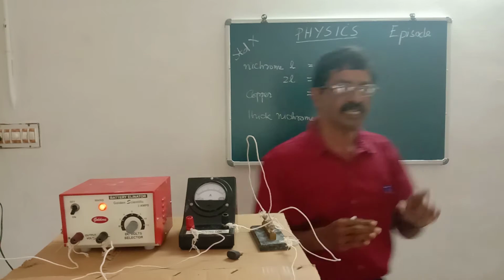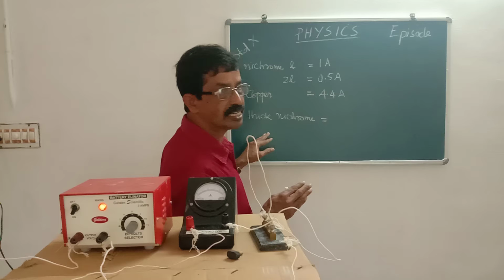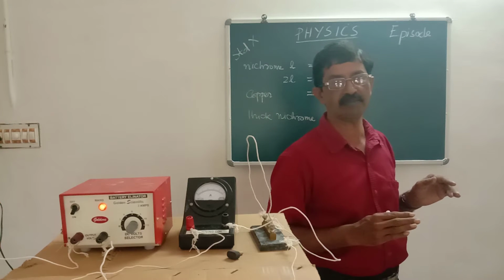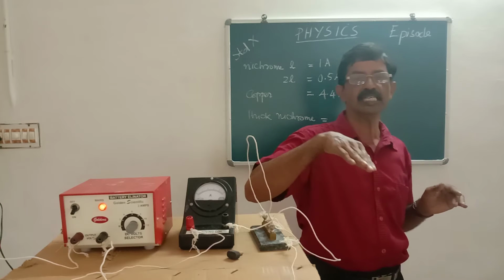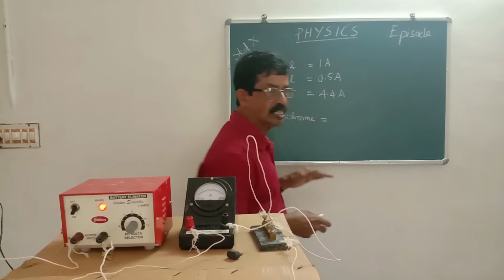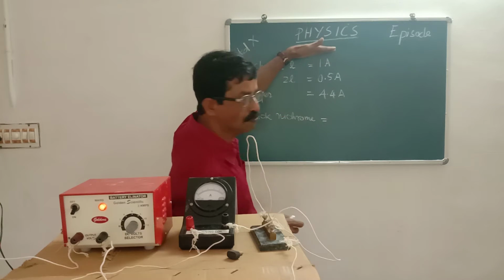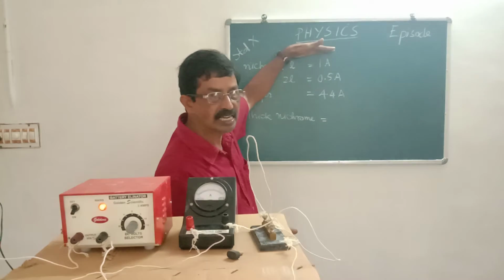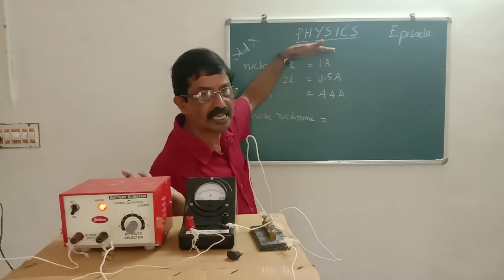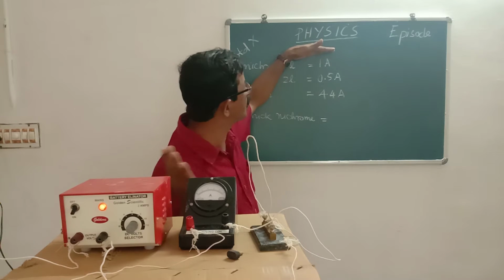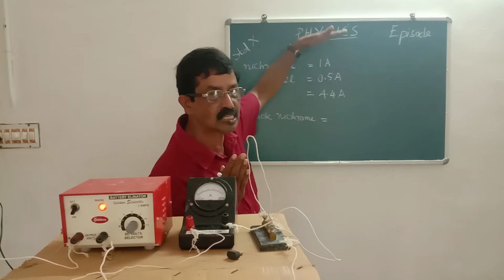Hence, the current flowing through the conductor depends on its resistance here. We can observe different current values at the same potential. The potential is not changing, so at the same potential, current depends on resistance.